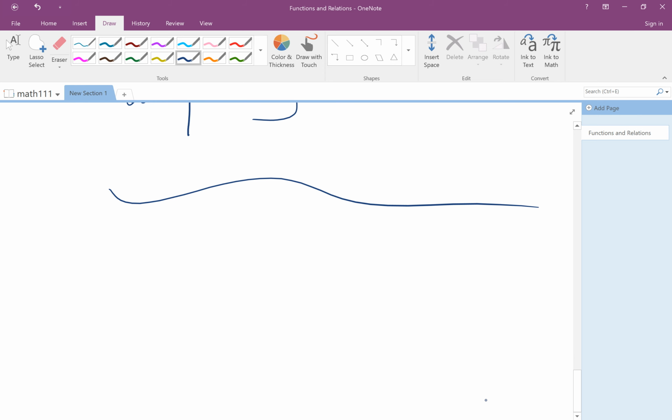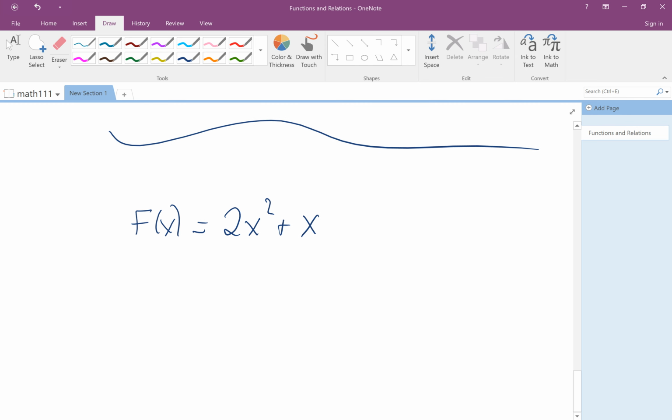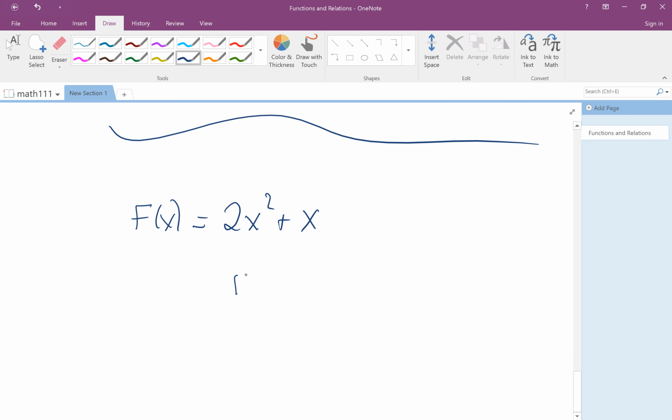Okay. The other things they want us to know how to do is, given a function, find a whole bunch of stuff. So one of the things they want us to do is be able to find some values and some things that aren't values.